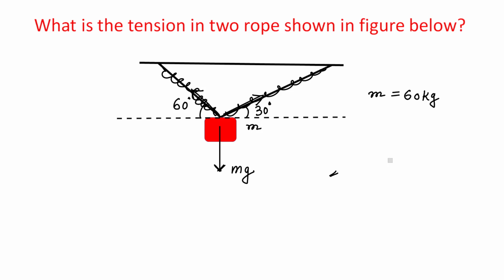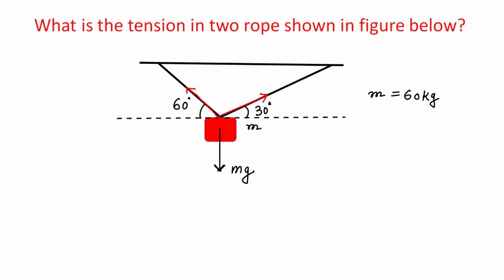So now I know the direction of tension. Once you imagine a rope as a spring, you can directly find the direction of tension. So what are the forces acting on this block?